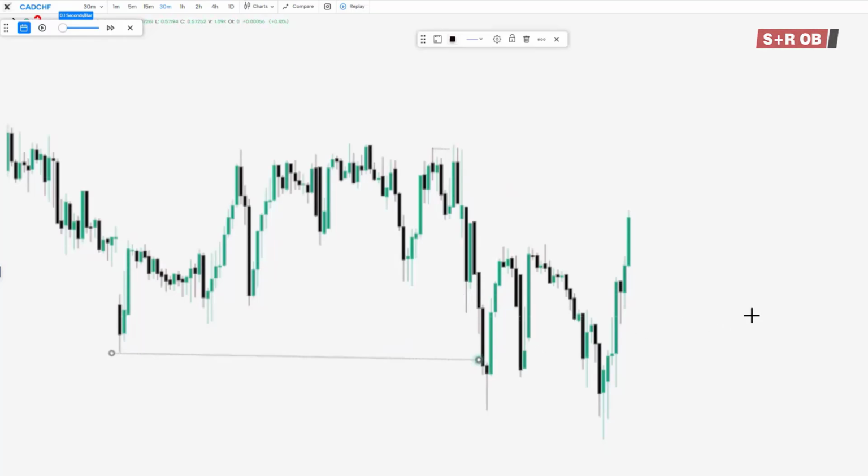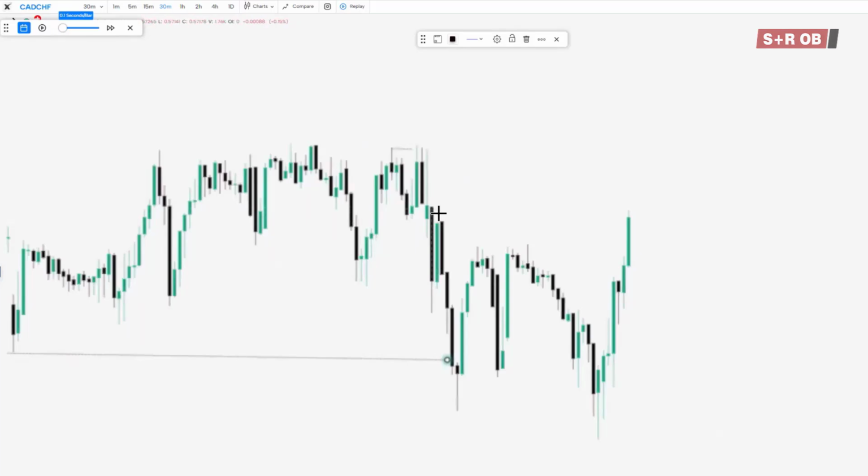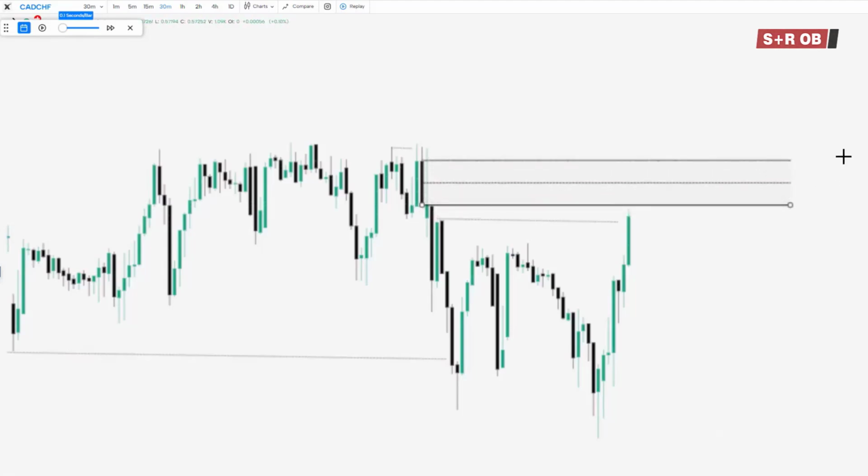Now, talking about high probability, price left some inefficiencies as well around this particular area. I can't really spot it from these charts, but from my main charts I use for my trades, I saw inefficiencies around there, and price also built some liquidity around this particular area. So this is a valid trade opportunity. So marking the point of interest, which is the exact order block we'll be trading from.